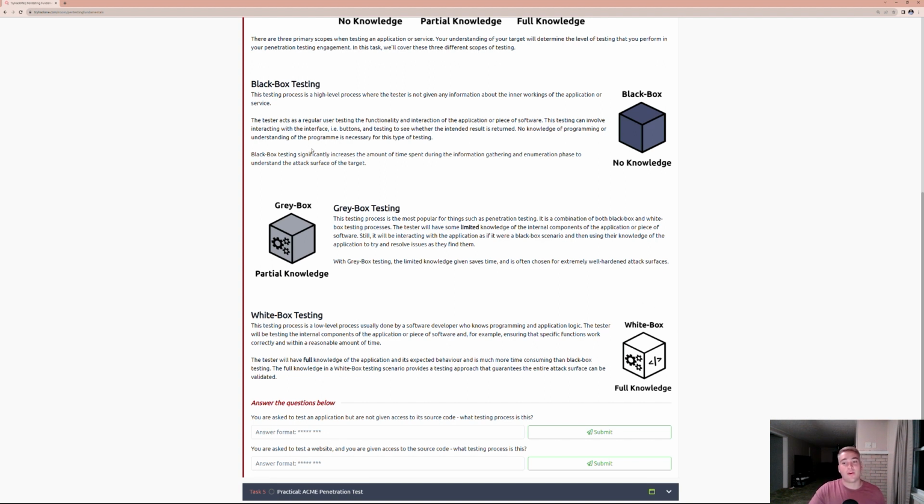So rather than reading through these, to just sum it up for you, basically, black box would be that a random company calls you up and says they want a penetration test conducted. They give you no information at all other than just telling you what they're going to do. Obviously, all the same things that apply with a normal penetration test apply.